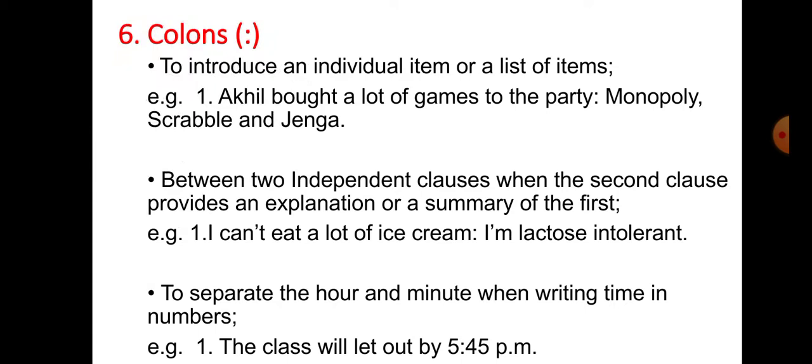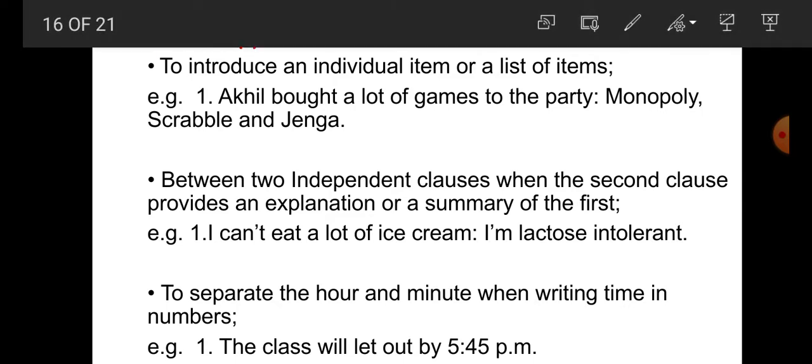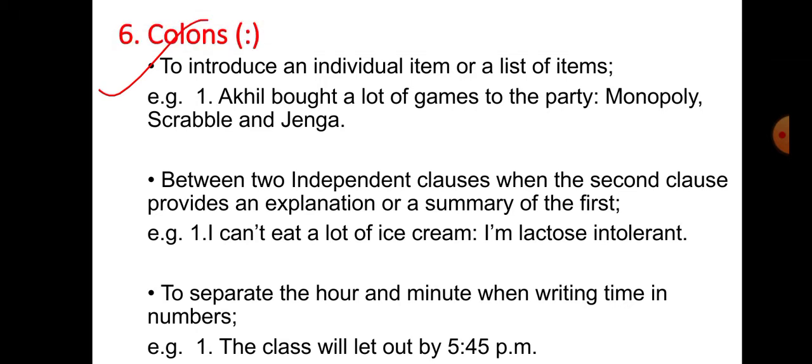Now next one is, student, colon. So you can see the symbol of colon here. Now where is it used? To introduce an individual item or a list of items, we are using colons.